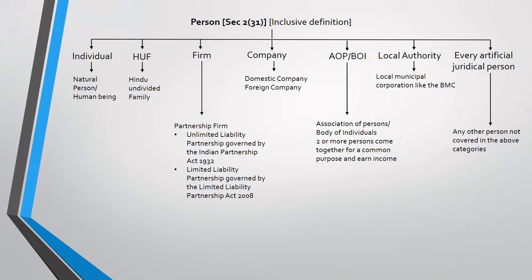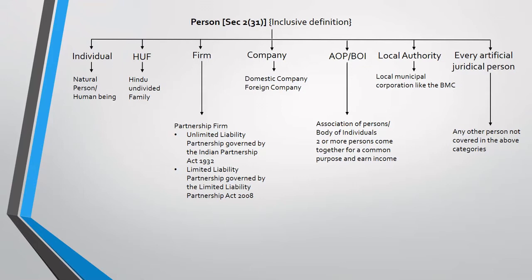Company can be a public company, an Indian company, or a foreign company. For income tax purposes, company is two types: domestic or Indian and foreign company.